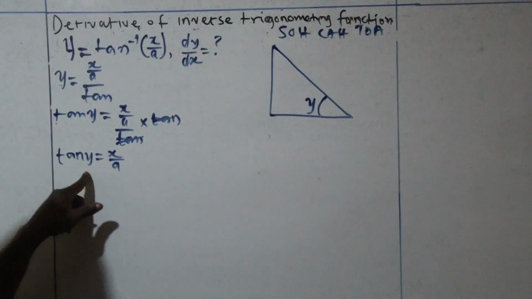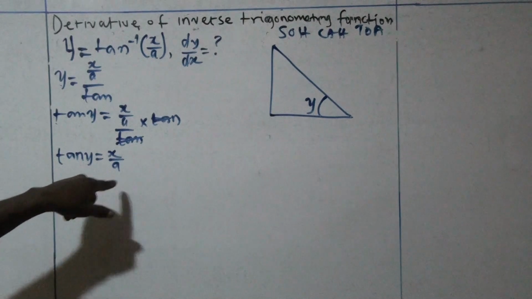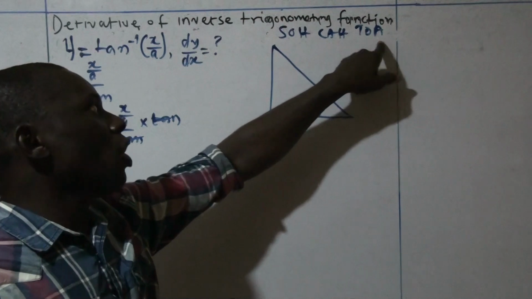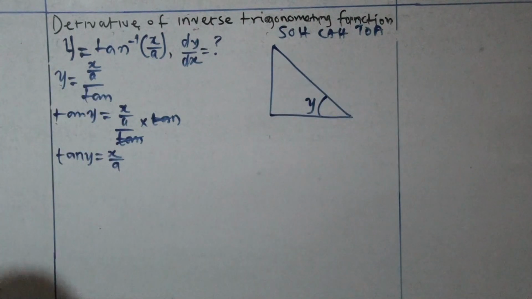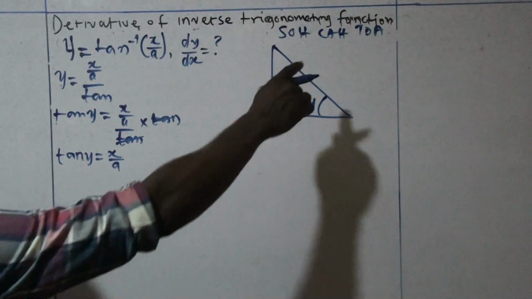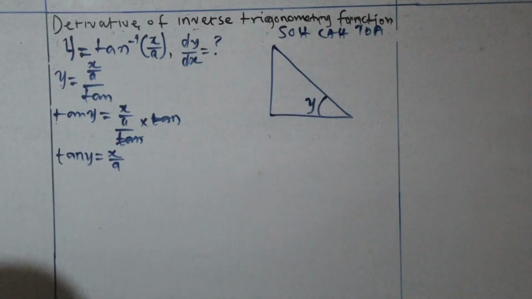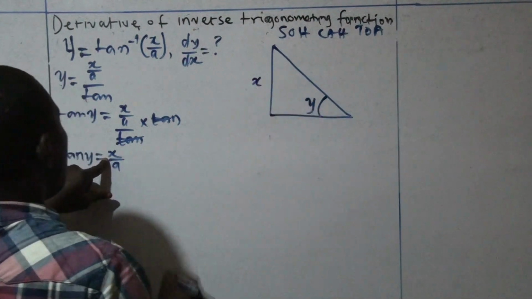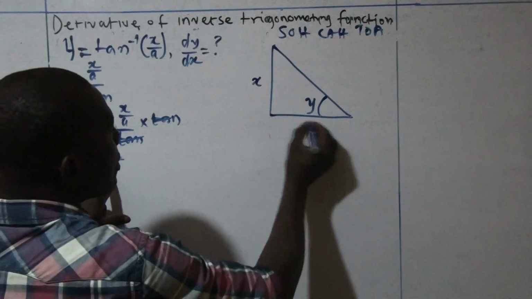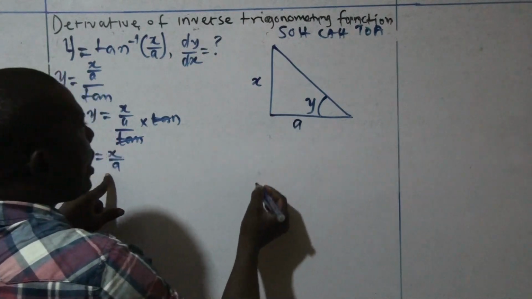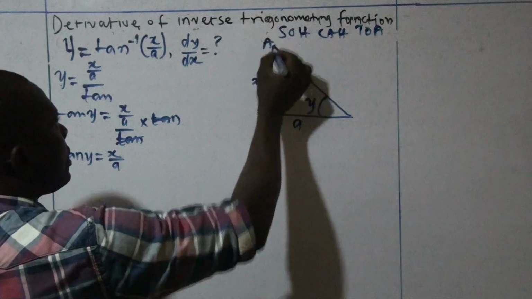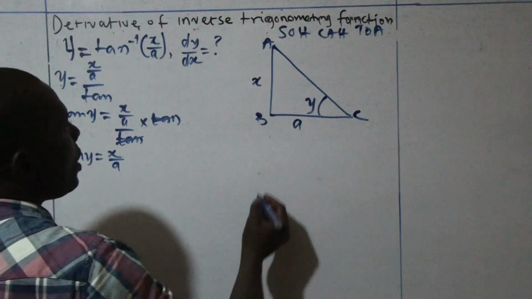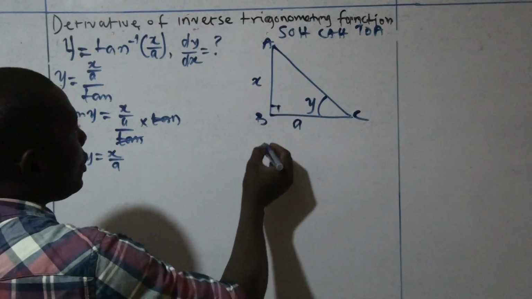Now, tangent is opposite over adjacent. So our opposite, which is the numerator, is x, and our adjacent is a. We need to find the hypotenuse. Assuming this is A, B, C, we find the hypotenuse by using Pythagoras theorem.